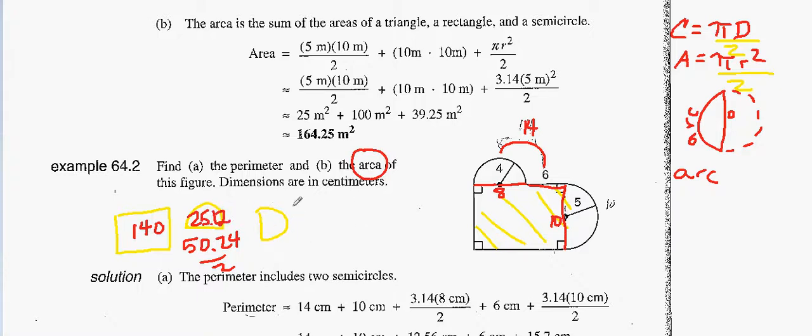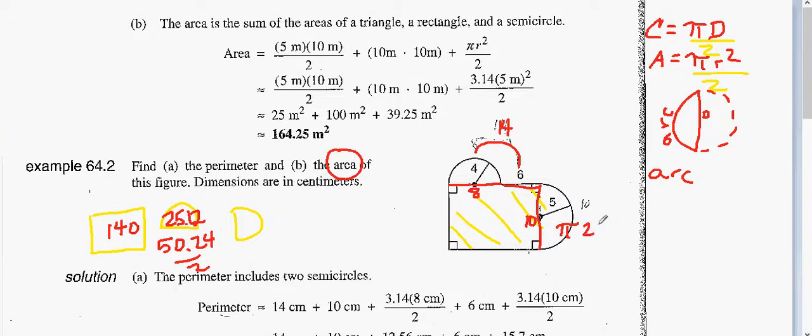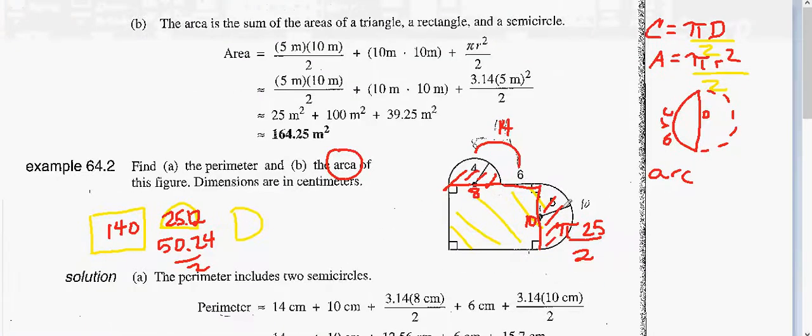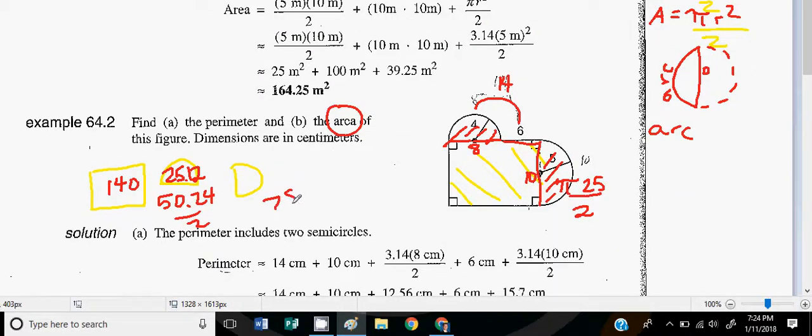Finally, I have my last semicircle, pi radius squared divided by 2 to get this last part. We already did this part. Okay, pi times 25, 3.14 times 25, I got 78.5. What do I need to remember? Divide by 2.